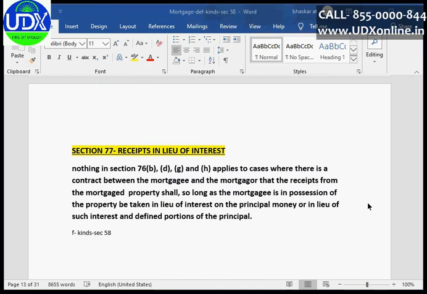So this right is available to the mortgagee. So this much is enough. Section 67 to 77, the rights and liabilities of the mortgagee.